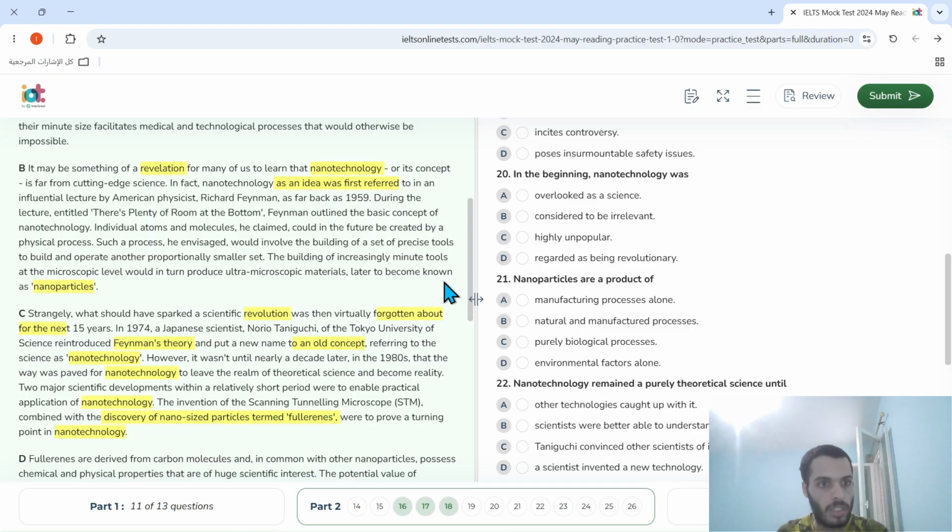Manufacturing process alone, natural manufacturing process, biological process, environmental factors alone, nanoparticles.